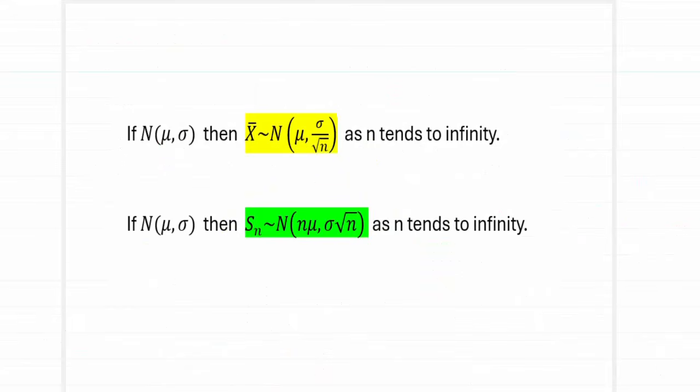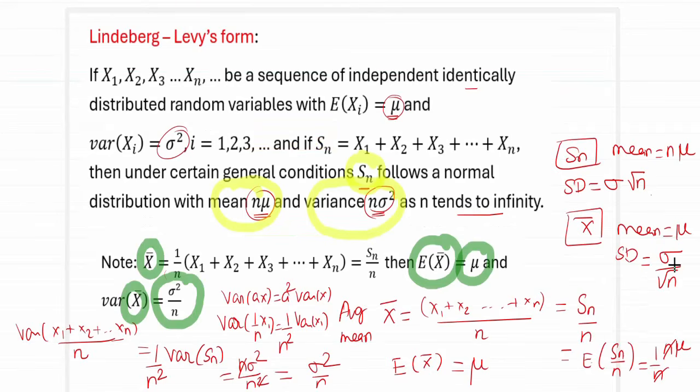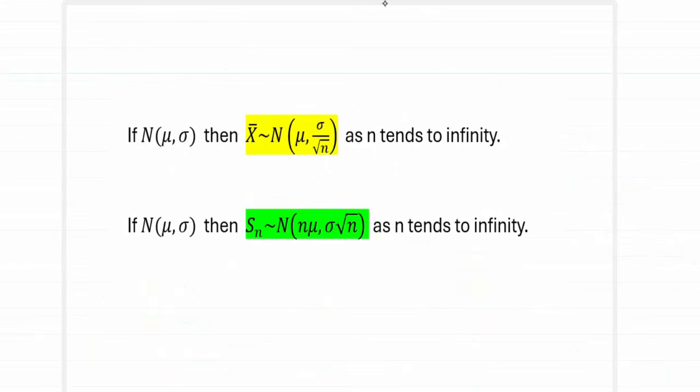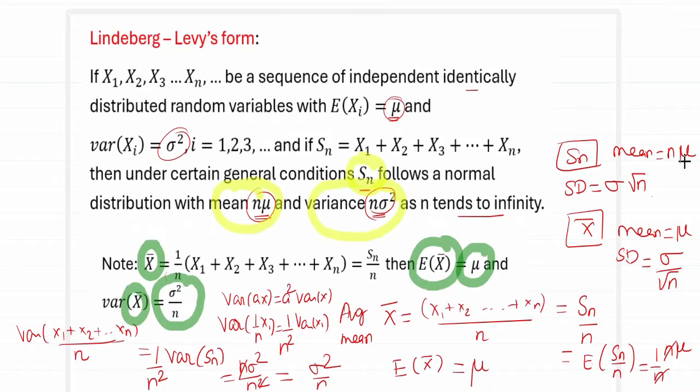So when they follow normal distribution, what happens? X bar follows normal distribution with mean mu and standard deviation sigma by square root of n. Sn follows normal distribution with mean n mu and standard deviation sigma into square root of n.